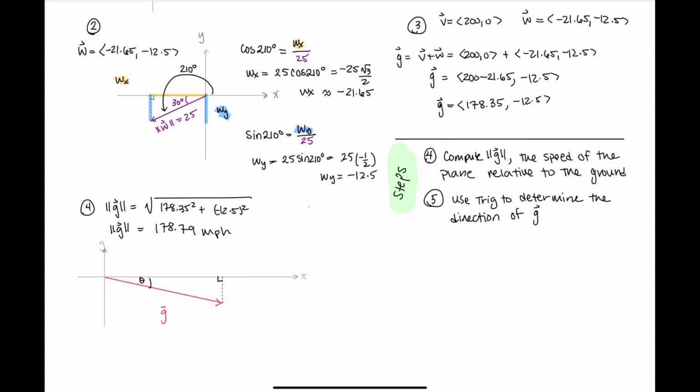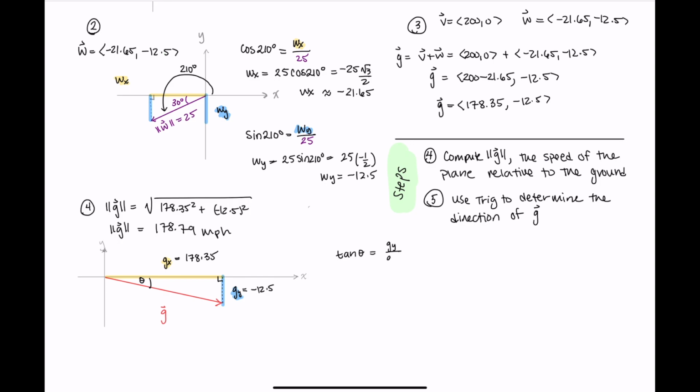Well, what do we know about g? Well, we know that the x component of g is equal to 178.35. So we know that. And we also know that the y component of g is equal to negative 12.5. So let's look at the tangent function. That is, tangent of this angle theta is equal to opposite over adjacent.